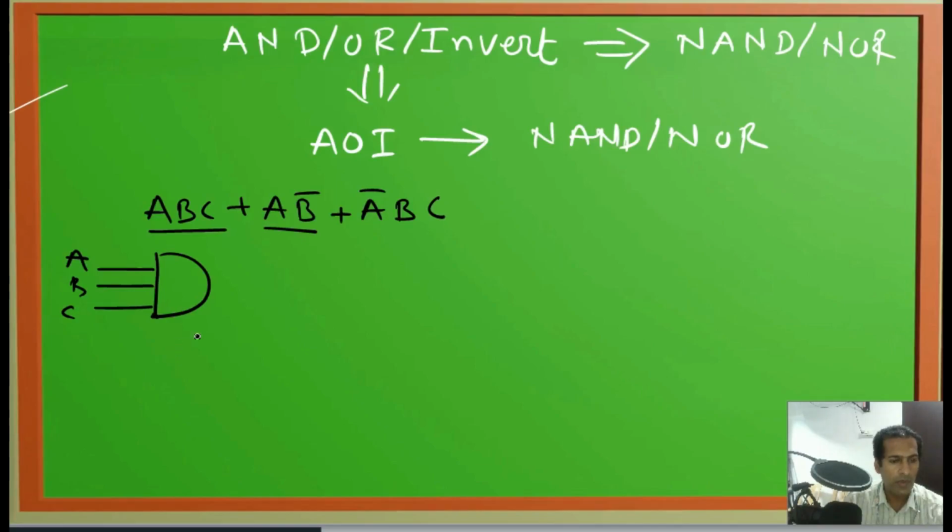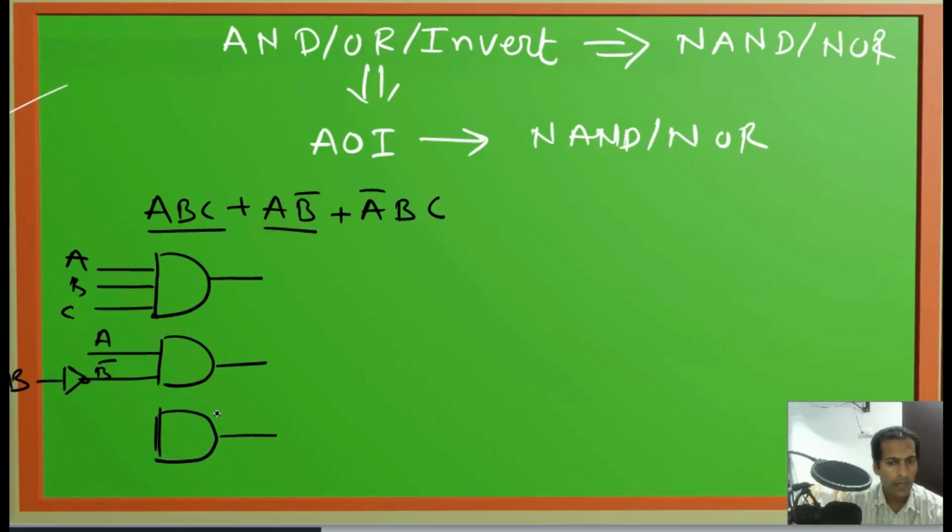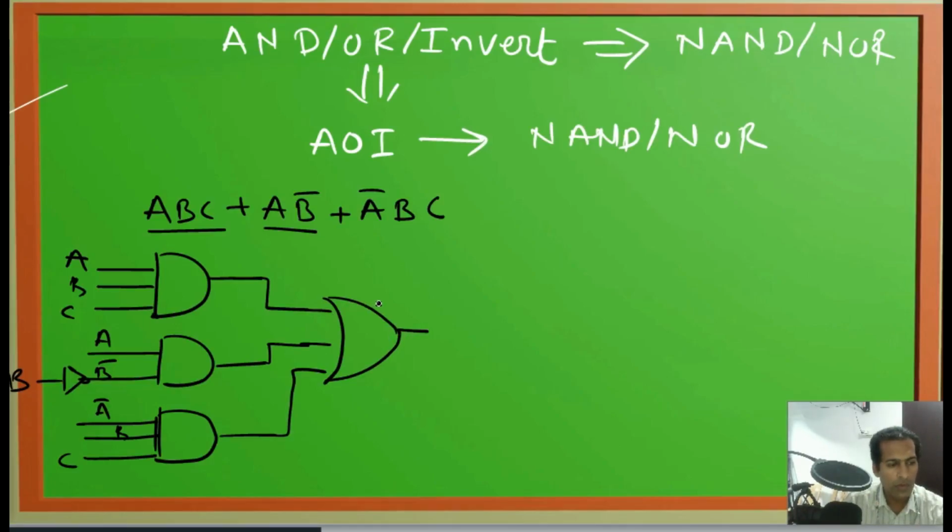Then AB bar: here we give A, and B bar, which is coming from an inverter where we give B. Then the third term, A bar, B, C. All of them are connected to an OR gate, so this expression is present at the output.